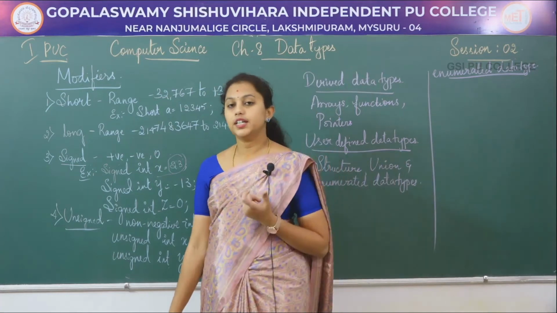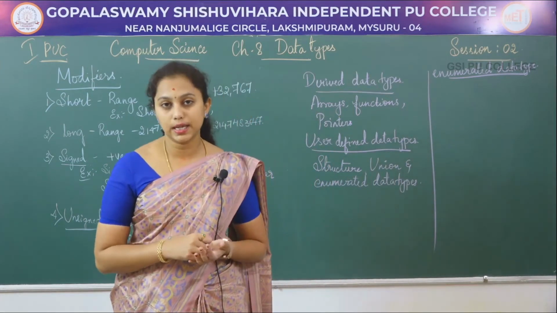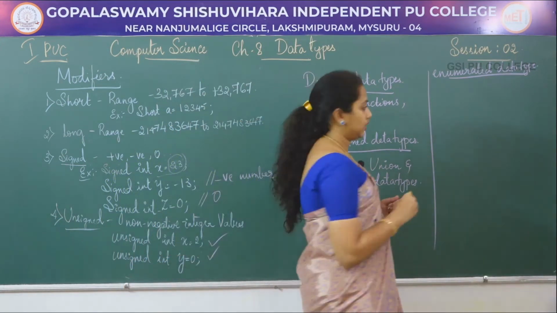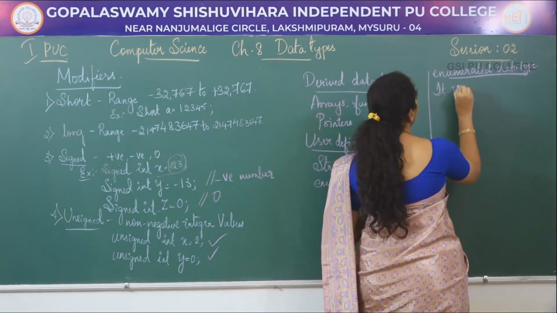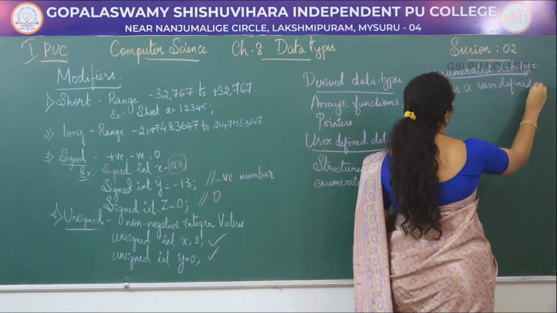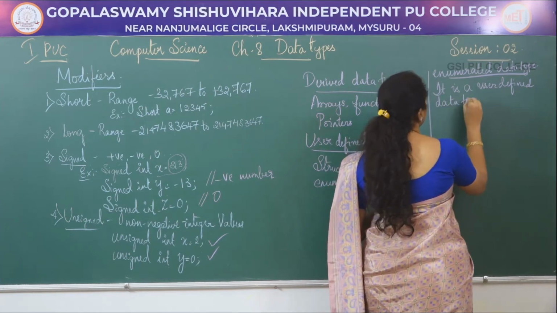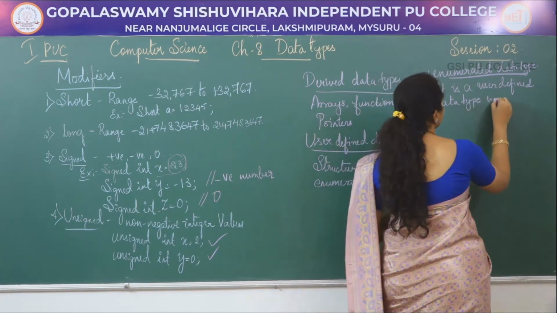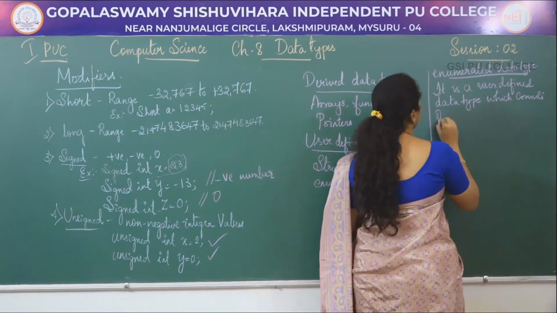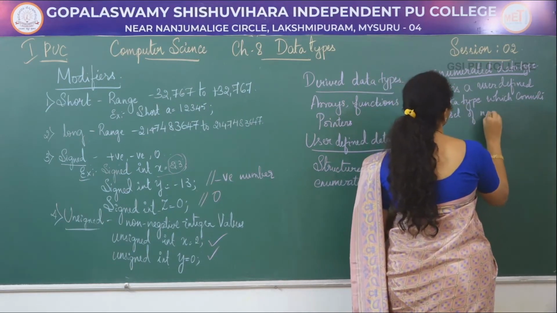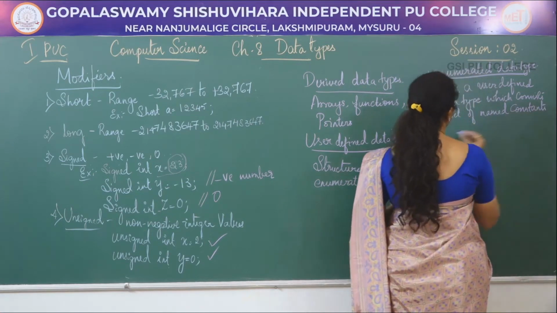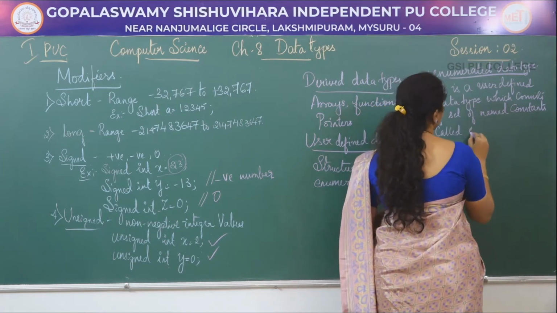An enumerated data type is a user defined data type which consists of a set of named constants called enumerators.